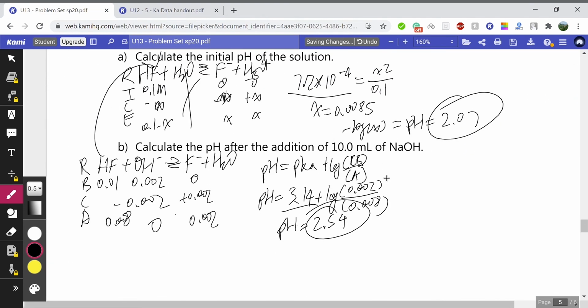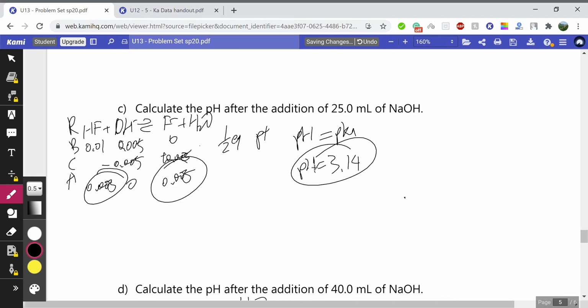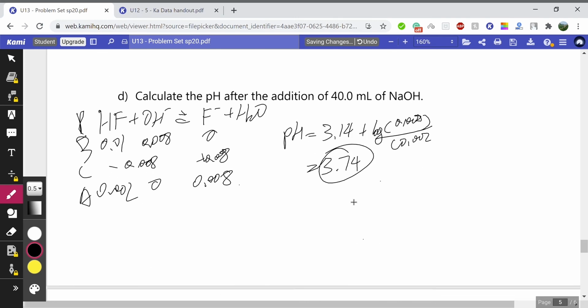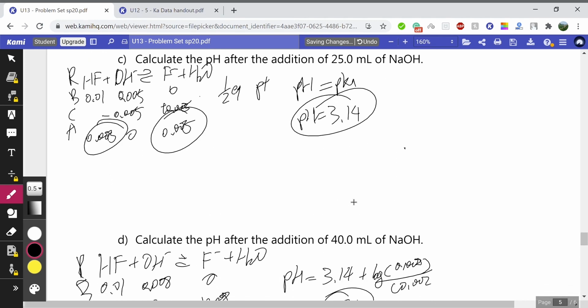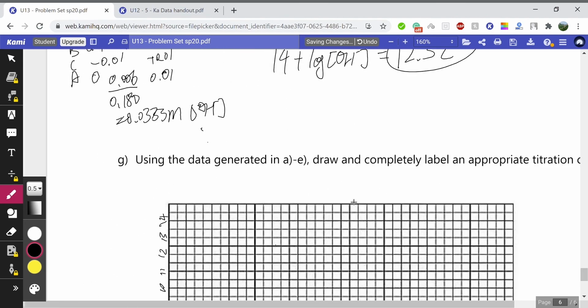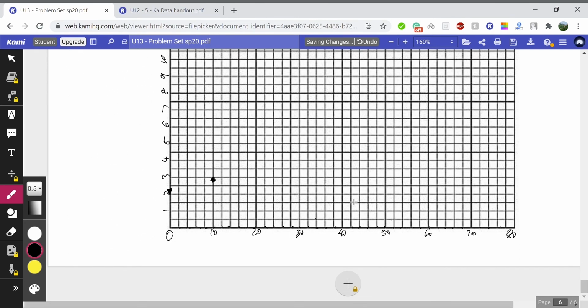Next, when it's 25 milliliters, it's 3.14, and at 40 it's 3.74. So over here it's going to be 3.14, and over here it's going to be 3.74.